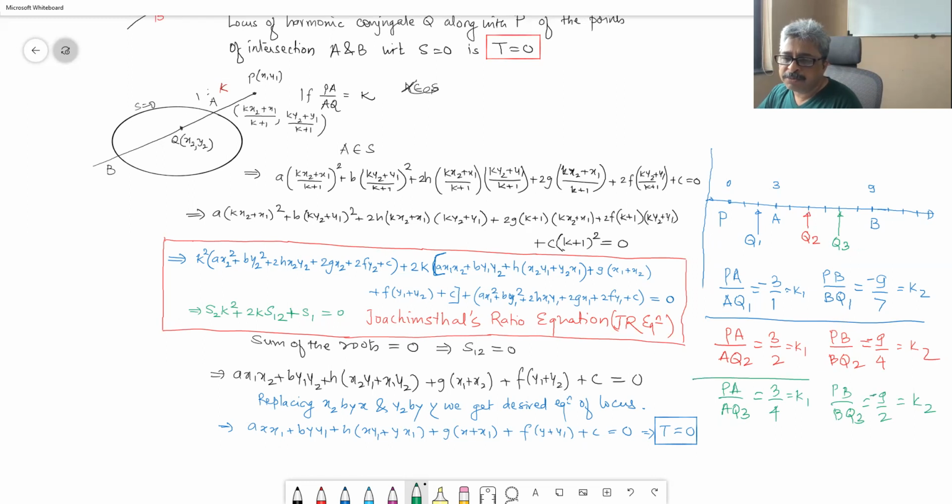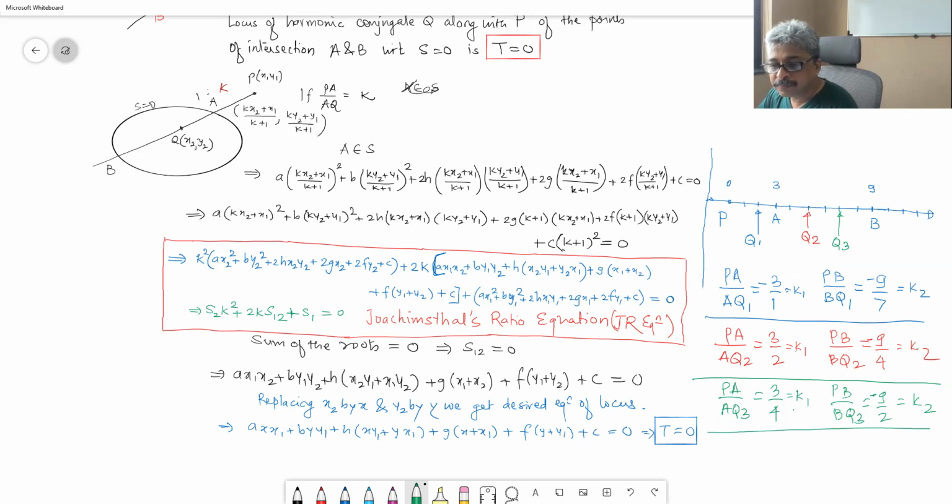Now every time you observe in all these three examples that K1 is not equal to K2. But then can we really find out a position of Q where K1 will be equal to K2?